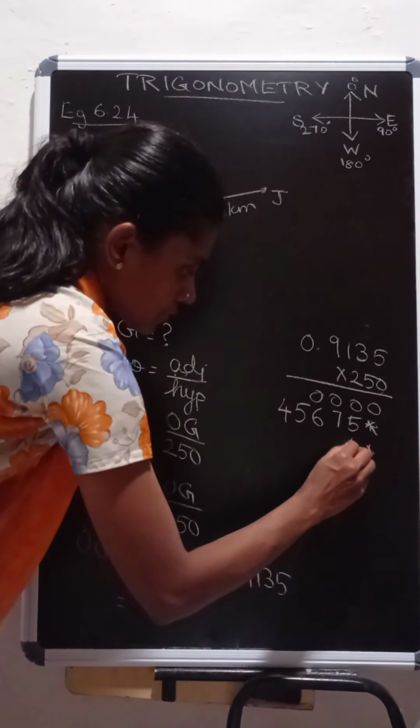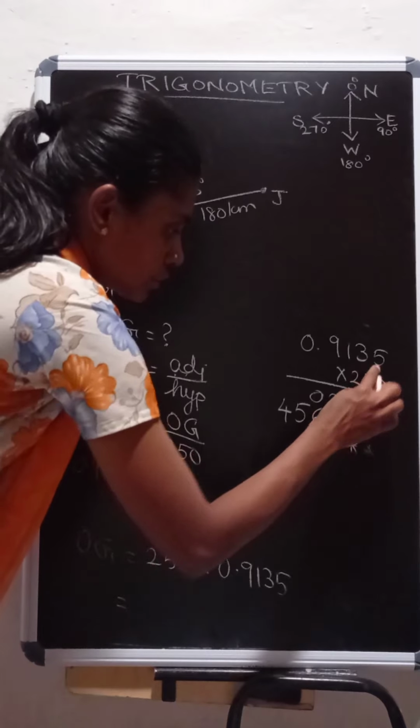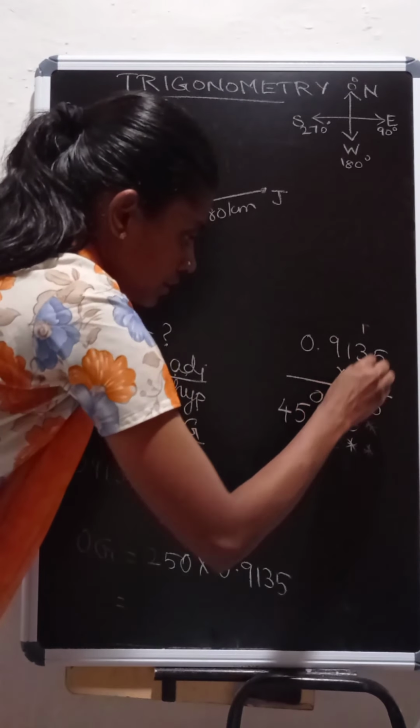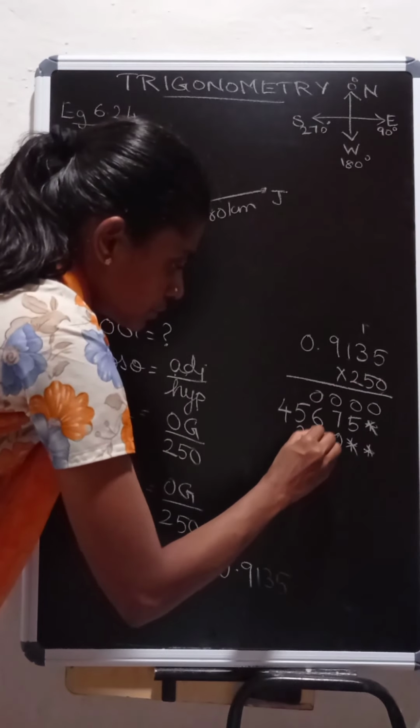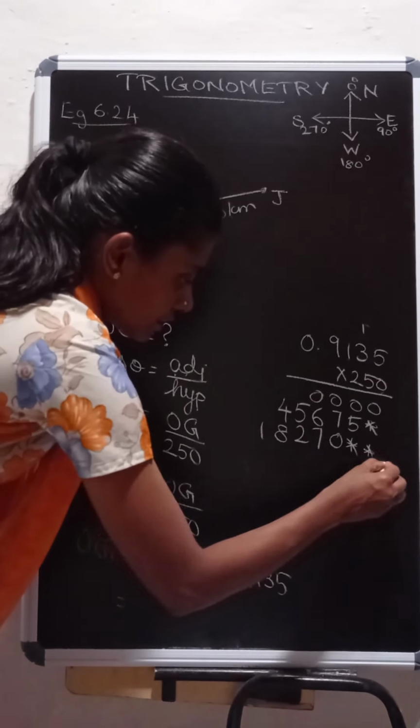Next, stars. 2 5s are 10, 2 3s are 6, 6 plus 1 is 7, 2 1s are 2, 2 9s are 18.